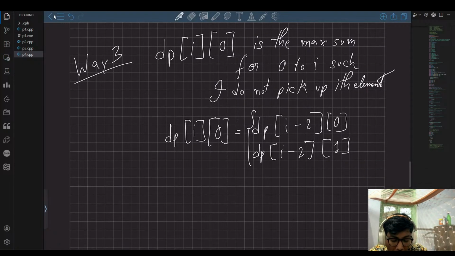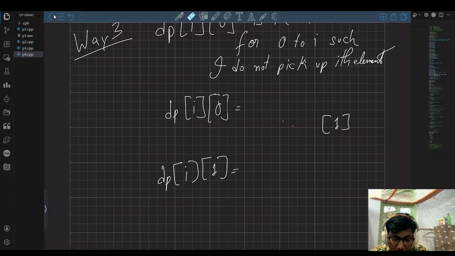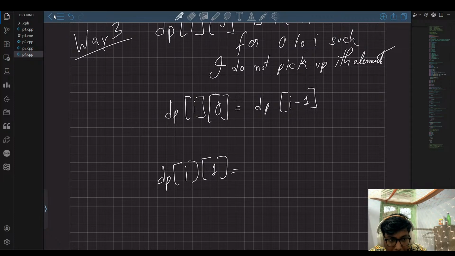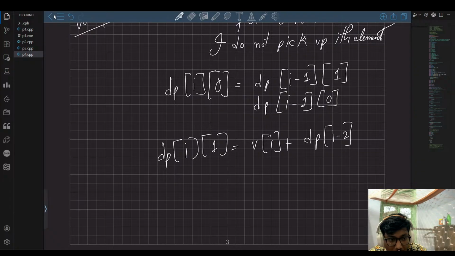What about dp of I 1? That means I have decided to pick up this ith element. Since I'm not deciding to pick this up, maybe dp of I minus 1, that I can pick up or not pick up. And since I have decided to pick up this ith element, it should be v of I plus dp of I minus 2. But should I pick this one? That is my question.